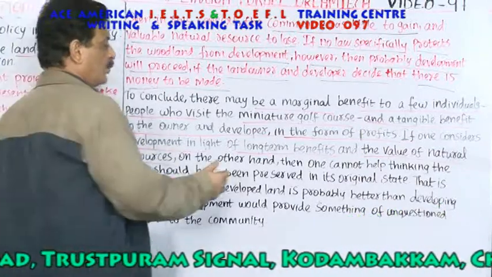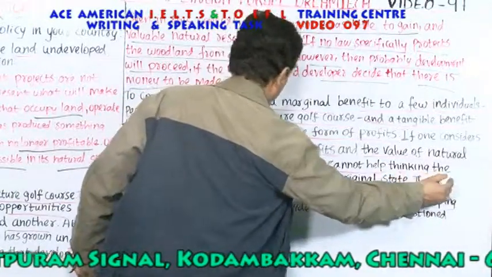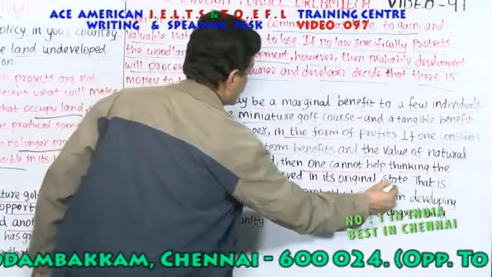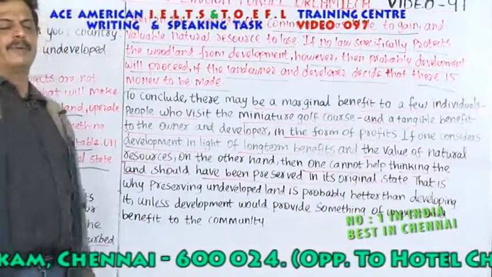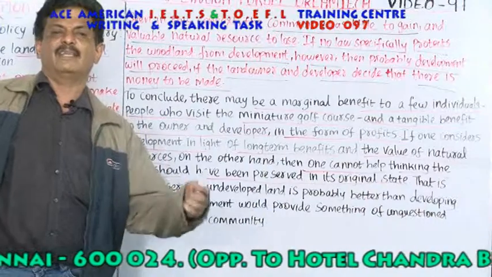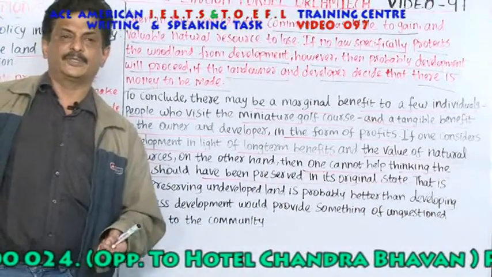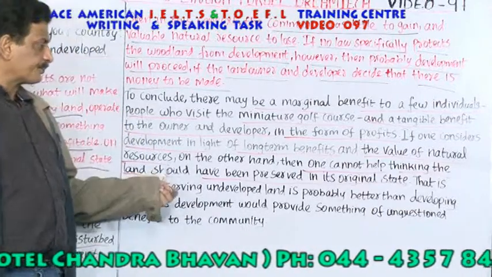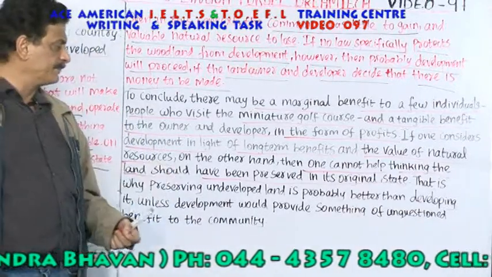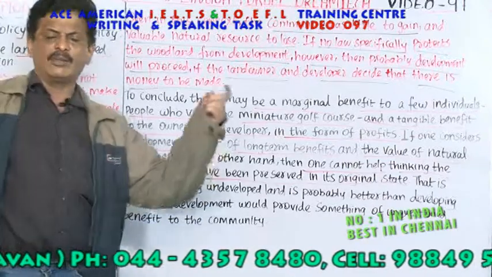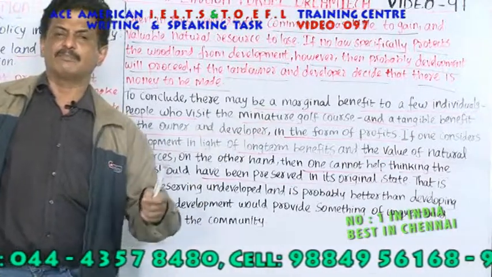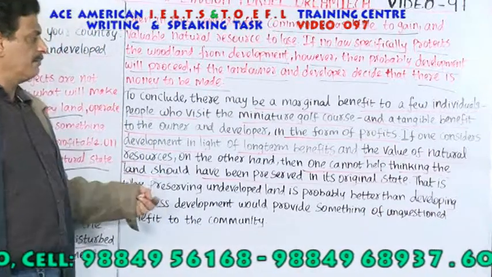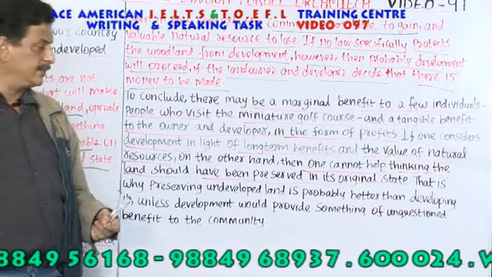On the other hand, one cannot help thinking the land should have been preserved in its original state. Only the very few people who go and play golf are benefited, and the landowner is benefited, but the ecosystem is affected. So if you think about all the pros and cons, then you can come to a conclusion: let us preserve the land rather than build offices or factories or houses.